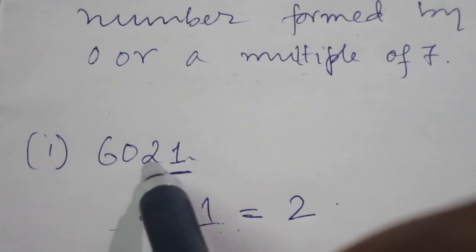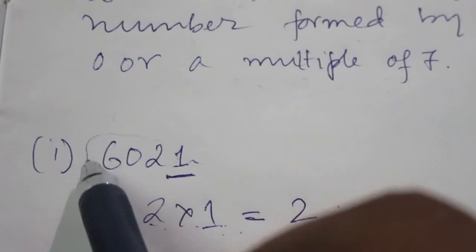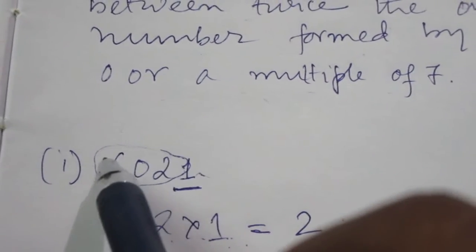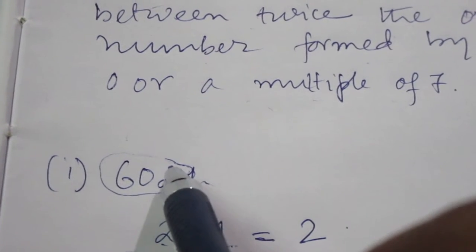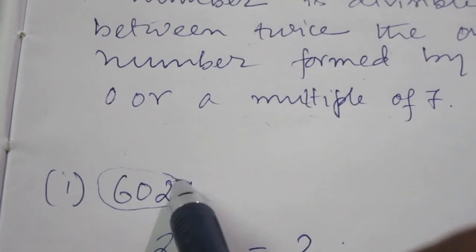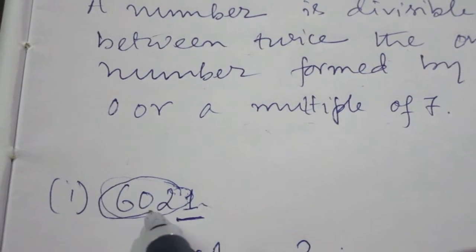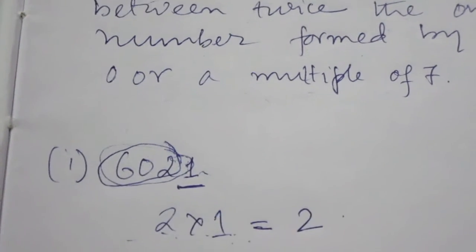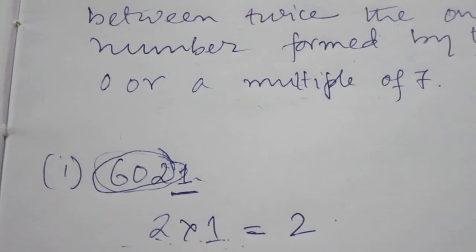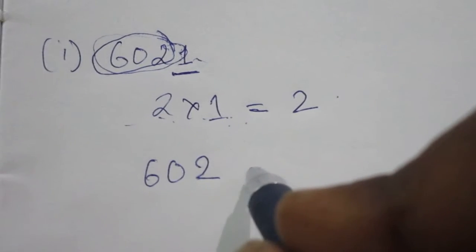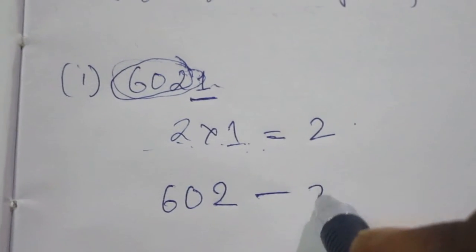And what are the rest of the digits? That is 602. So the number formed by the other digits is 602, and now we have to find the difference, 602 minus 2.